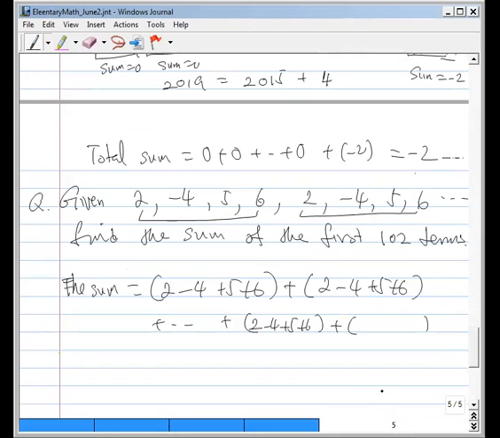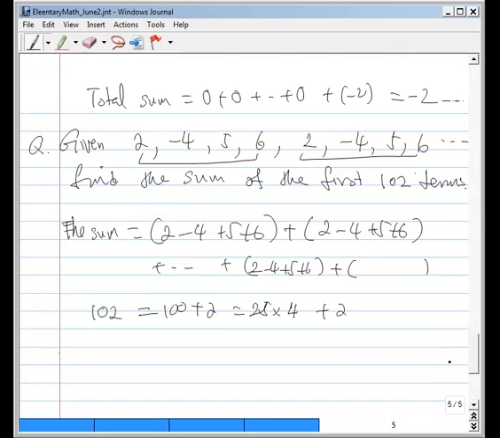Okay, so question, how do you get a partial block? You see, 102 is going to be 100 + 2. 100 divided by 4, it's going to be, I think it's 25 times 4 and plus 2, okay? 25 blocks there, right? And the last one will be just 2.